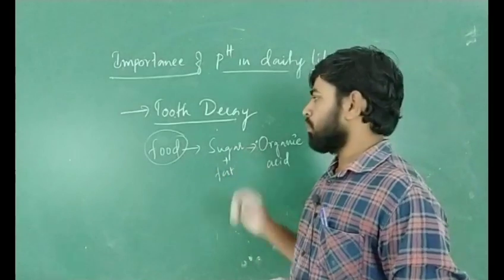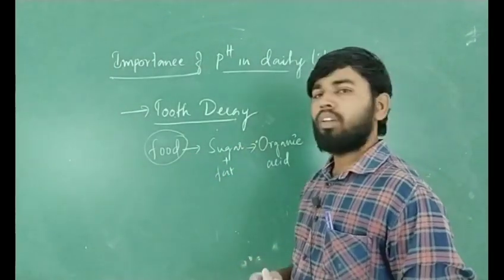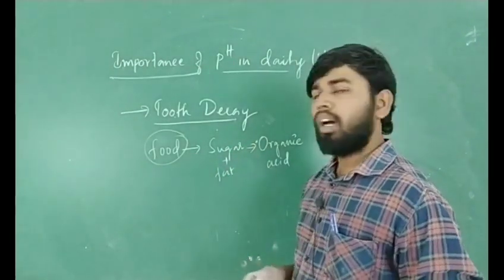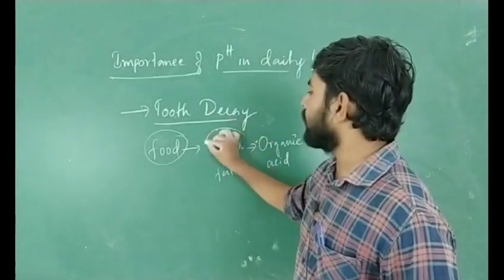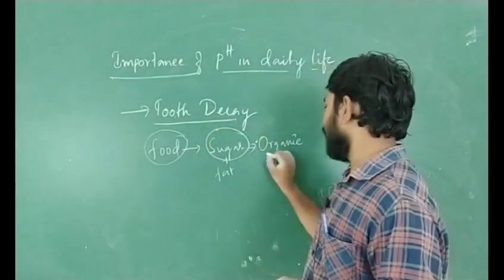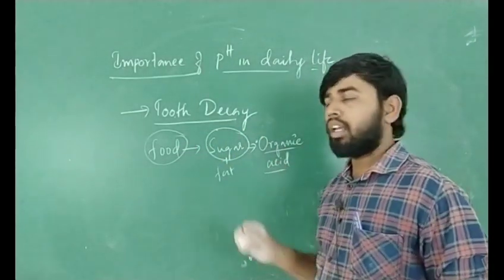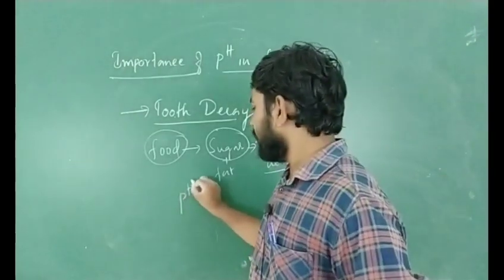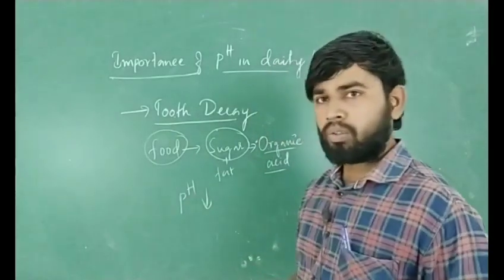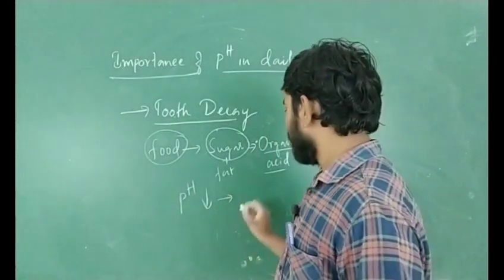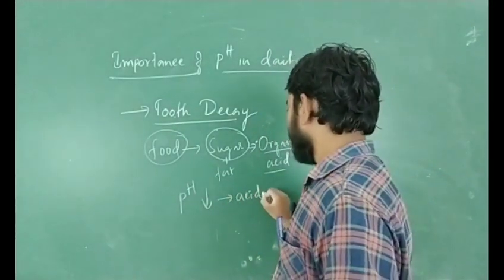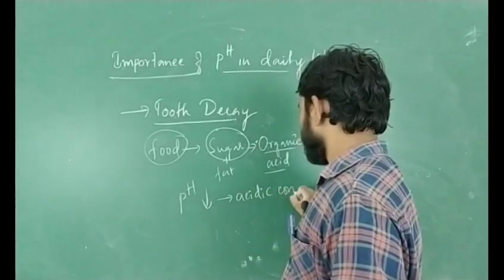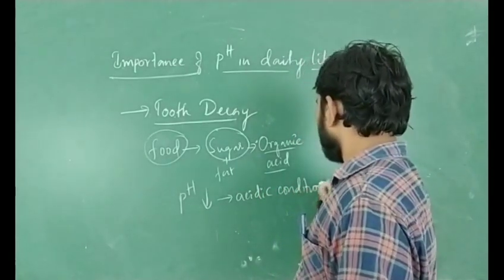As we know, if it is an acid, there will be a decrease in the pH in our mouth. So an acidic condition is going to be created in our mouth, okay.